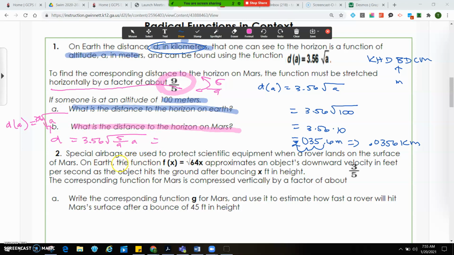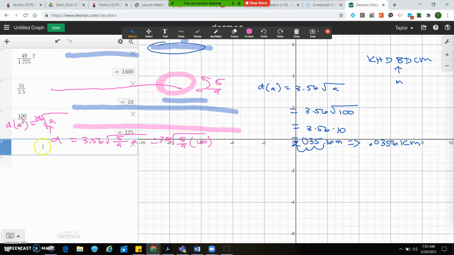And then you're going to plug in 100 into that equation. So you're going to have 3.56 square root of 5/9 times 100. Okay, and you're going to plug this into your calculator.